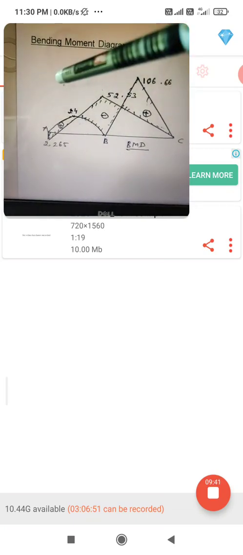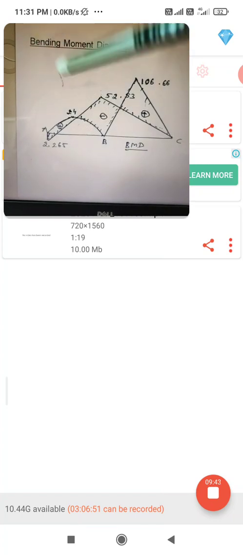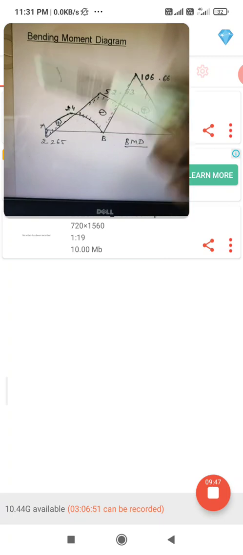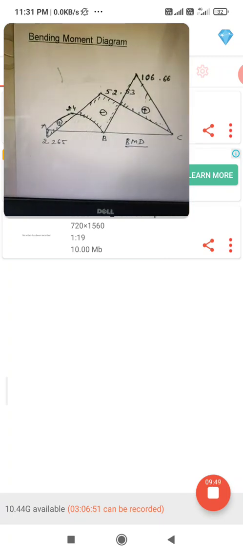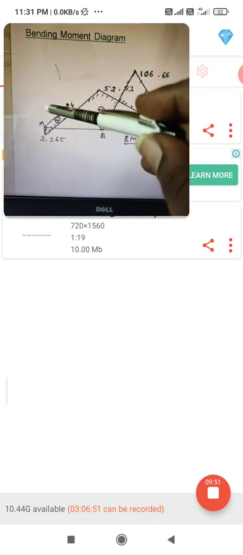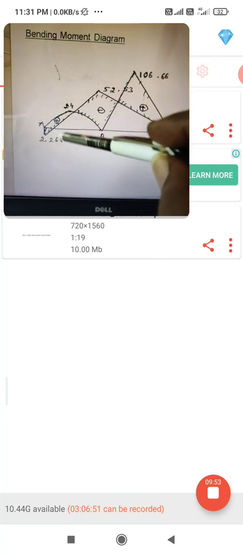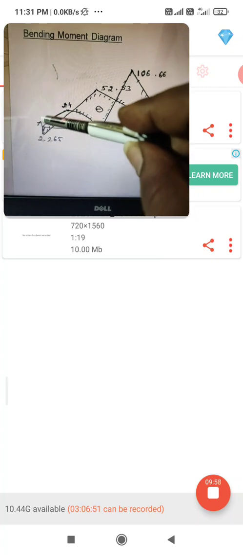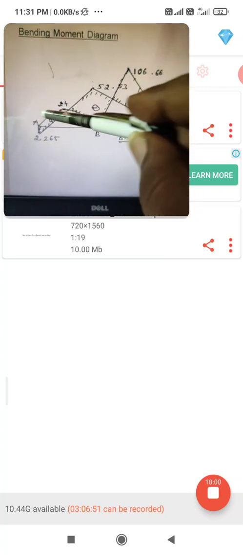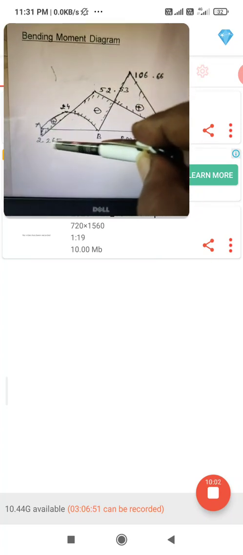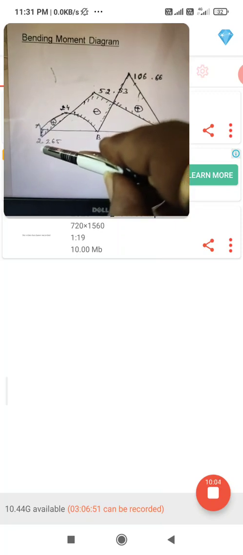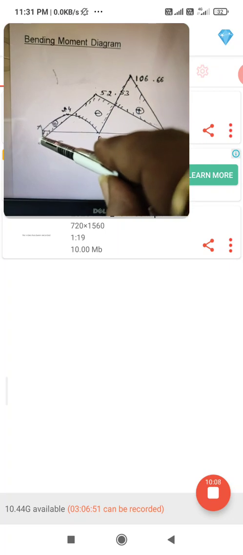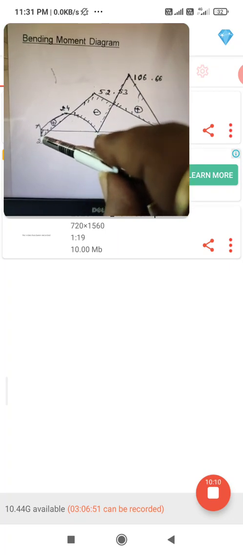If the sign of the value is negative and it is anti-clockwise, we have to draw above the beam line. But if the direction is anti-clockwise and the sign of the value is clockwise, positive, then we have to consider it below the beam line.